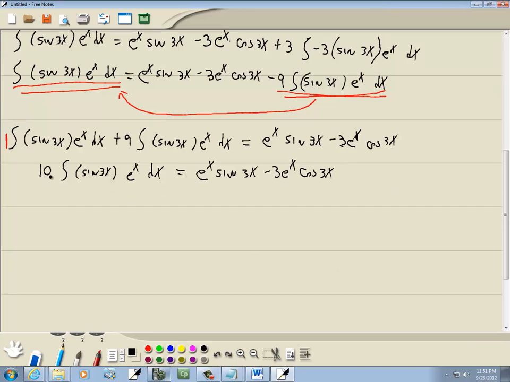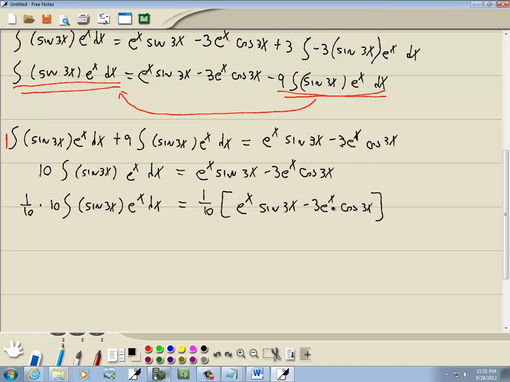Now I want to get rid of this 10 here, so I'm going to multiply both sides by 1/10. And then we're going to have the integral by itself, and that's what we were solving for initially. So I'll multiply both sides by 1/10. e to the x sine 3x minus 3 e to the x cosine 3x.